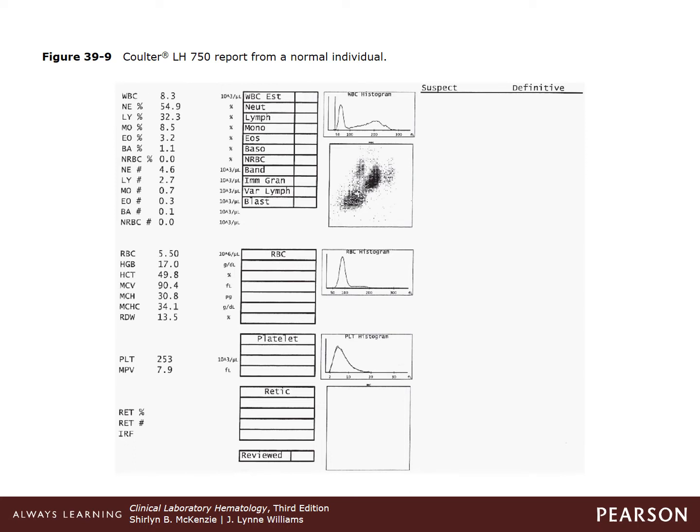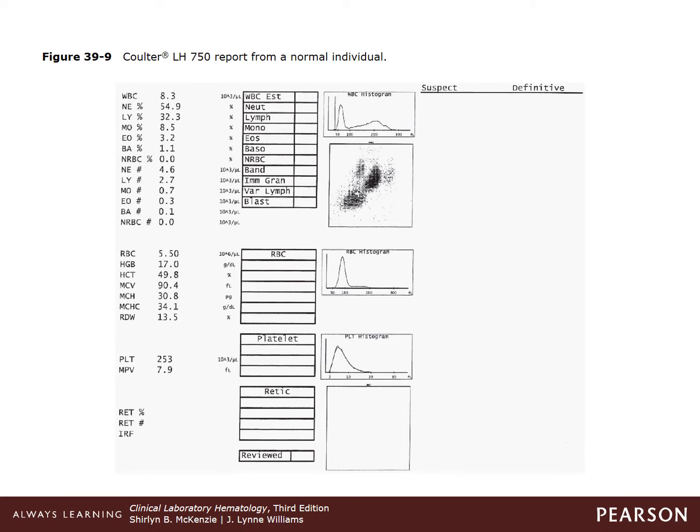The RDW value tells us the number of sizes or different variations in sizes of our red blood cells, and that can also be seen on the red blood cell histogram. The third component of a CBC would be the platelet count, and you would also see an MPV, which is similar to the RDW for the red cell parameters. For the platelet parameters, it will also show in the histogram and will give you a sense if there's variation in size in platelet morphology.